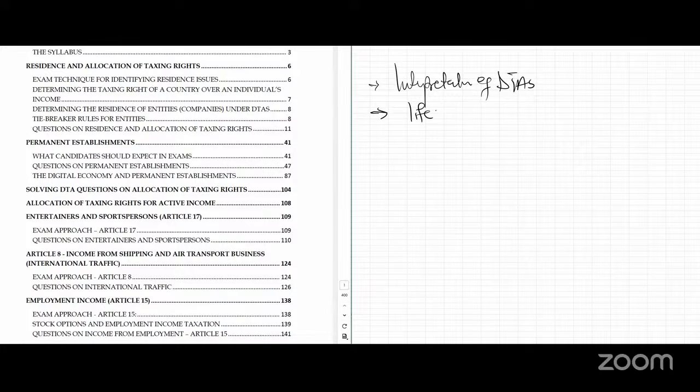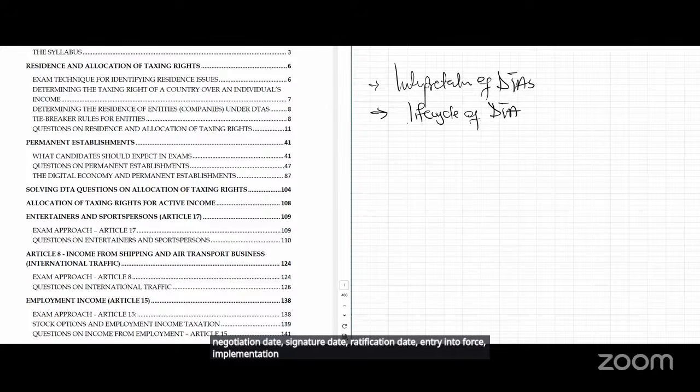Life cycle of DTAs. I hope you all know the life cycle of DTAs: negotiation date, signature date, ratification date, entry into force, implementation date, termination, right? Termination of DTAs. Please, are you following?